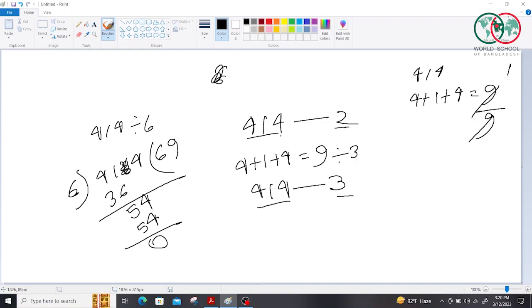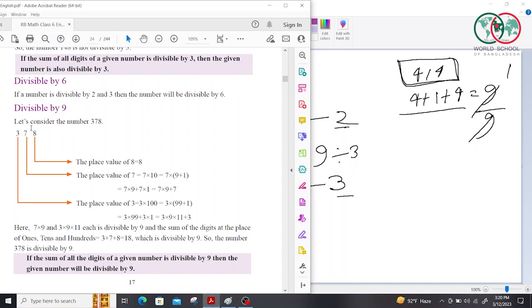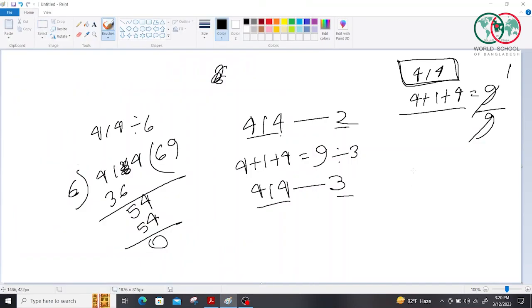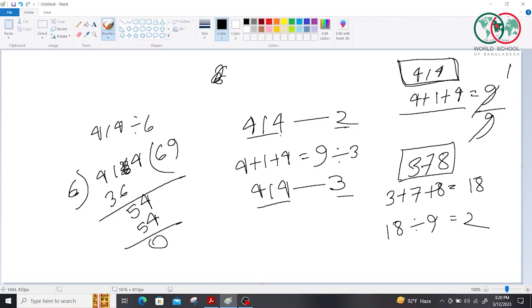Obviously 9 divided by 9 is 1. So that means this number is divisible by 9. Here in case of 378, 3 plus 7 plus 8 equals 18. 18 is divisible by 9. So that means 378 is divisible by 9.